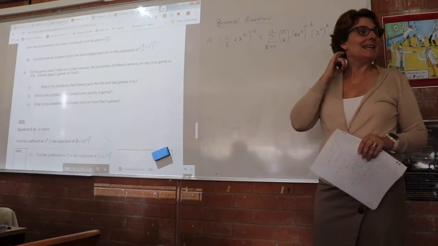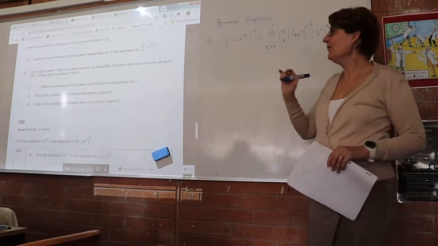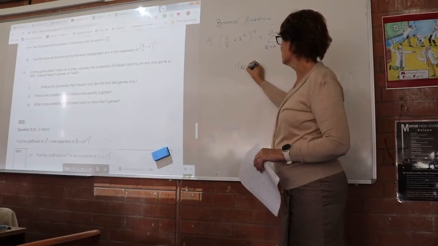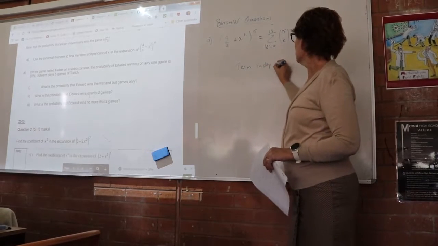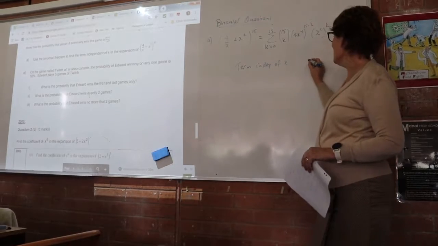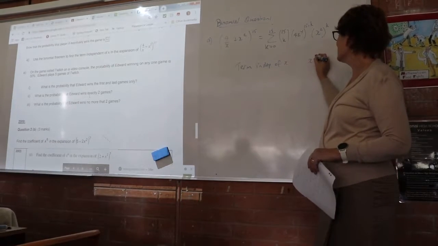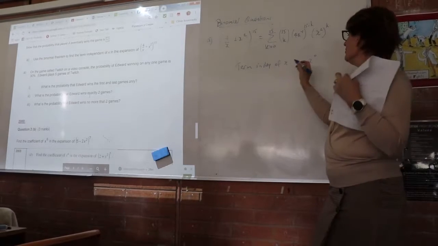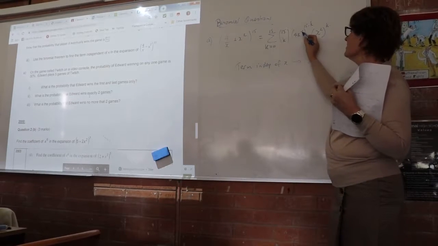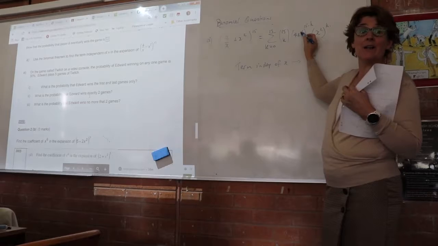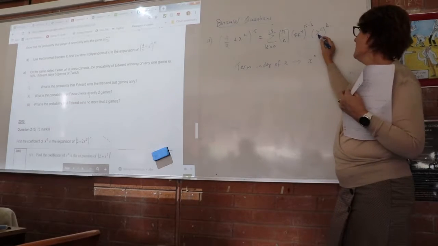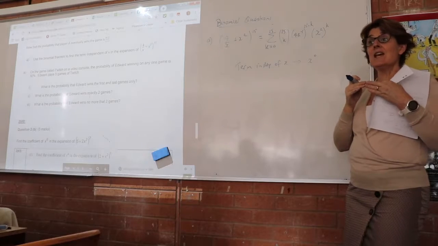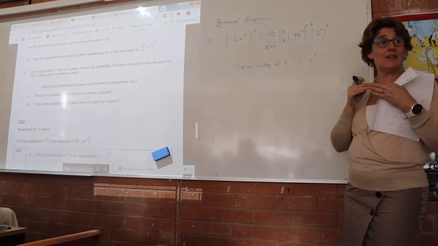All right, now, if we want the term independent of x, then you want the term that is x to the power of 0. So you want that when you multiply this x to the minus 1 to some power by this x squared to some power, when you add those indices together, you're going to get 0.